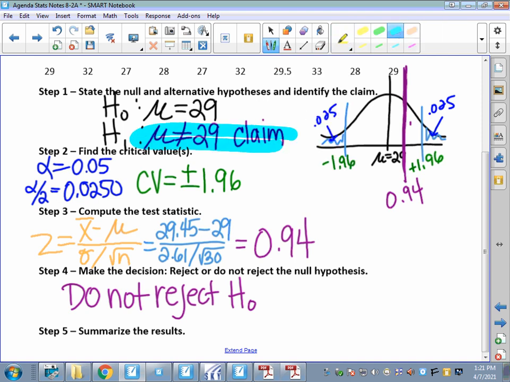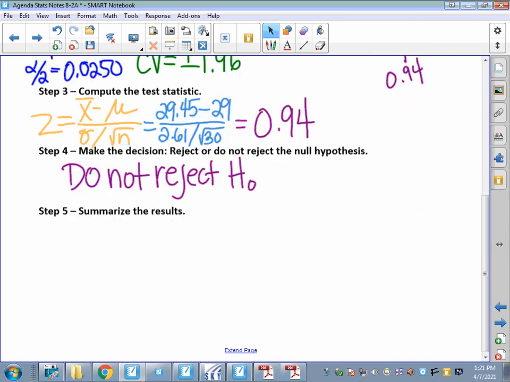So where do I find that on my little table? And what does it tell me to say? I believe it's going to say we did not reject H sub O. There is not enough evidence to support the claim. Did I have the last one wrong?